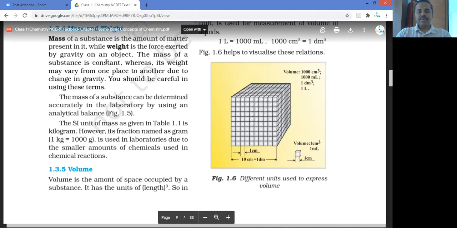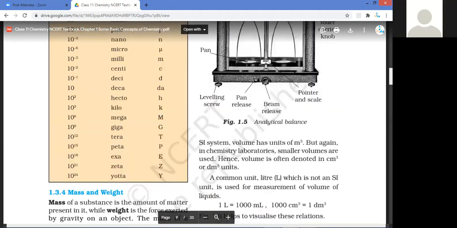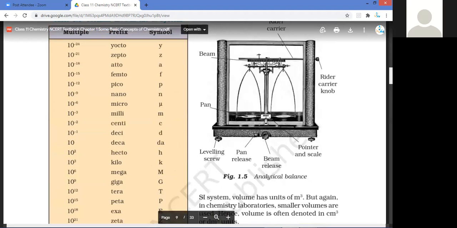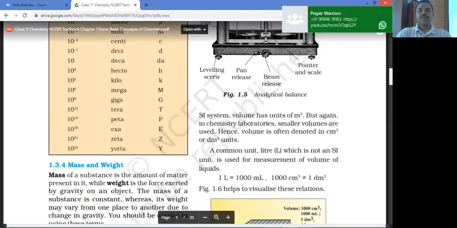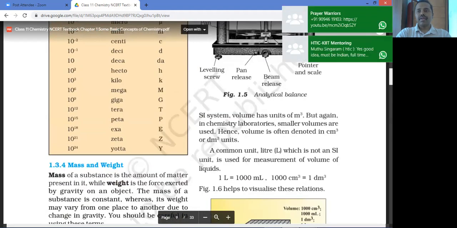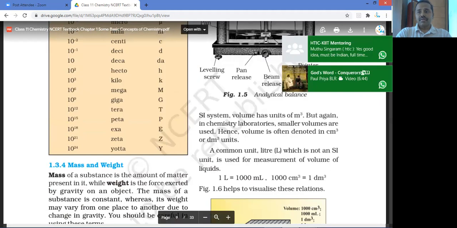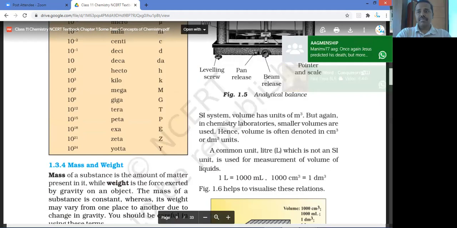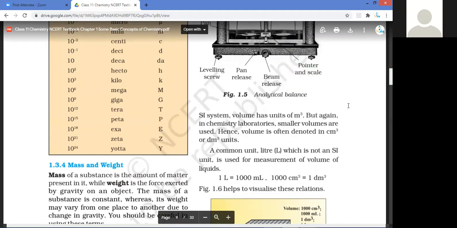And volume is the amount of space occupied by a substance. What is the unit of volume? Meter cube. So it's like the three-dimensional space. It'll have a length, breadth, and width, all of it taken into the volume. So yeah, meter cube.